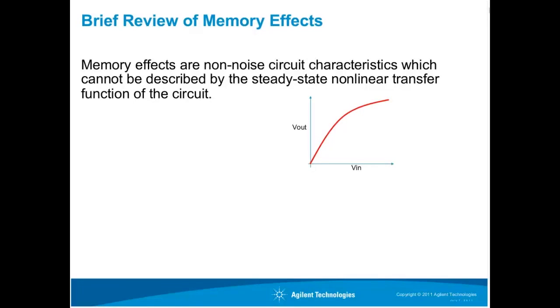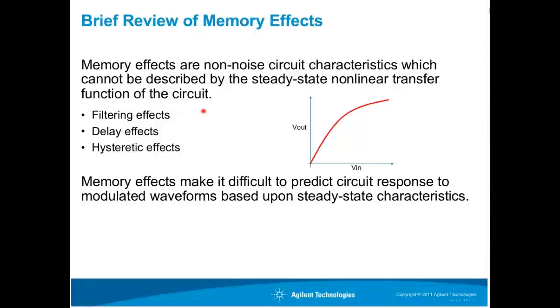So, that's been a very popular approach, and as I said, we've had that in GoldenGate since 2001 for speeding up envelope simulation. But there's other effects that aren't included. So things like filtering effects, delay effects, hysteretic effects, these things have not been captured by these memoryless models, we'll call them. The problem with memory effects is that they're quite difficult to capture, and one way to look at that is it's difficult to predict the circuit response to modulated waveforms when you're building models based on steady-state characteristics.